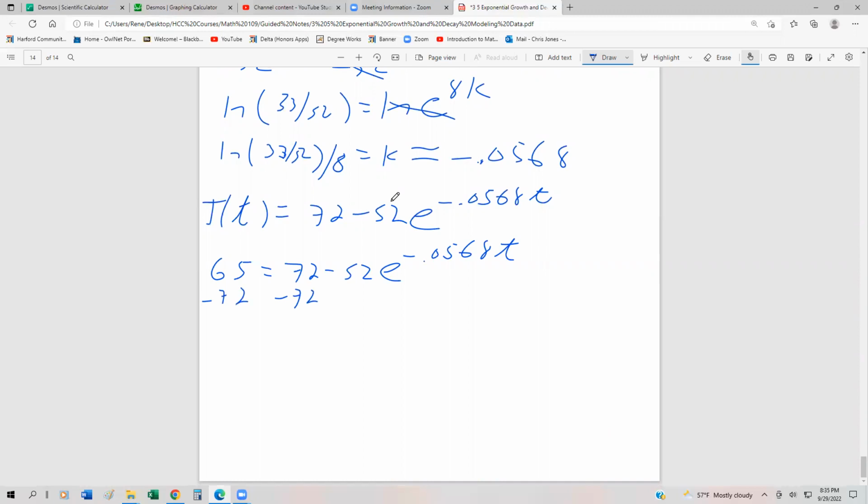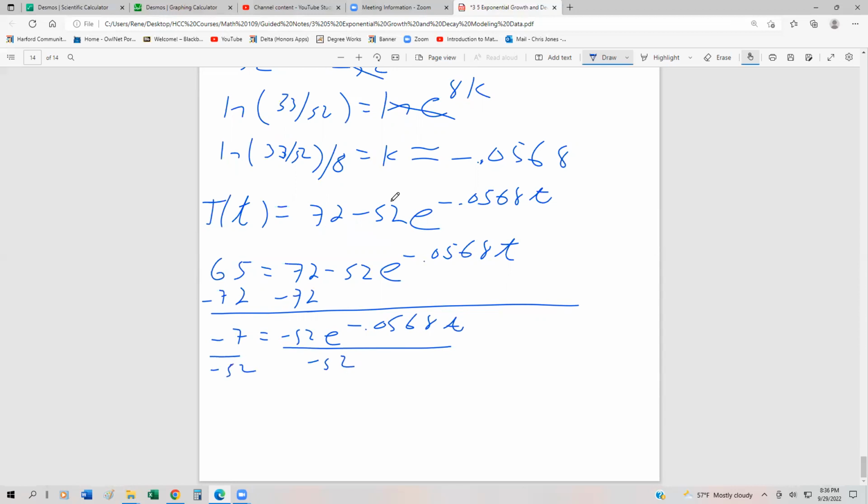All right, so 65 minus 72, that's going to be negative 7 equals negative 52e to the negative 0.0568t. We divide by negative 52. That's going to be 7 over 52 equals e to the negative 0.0568t.